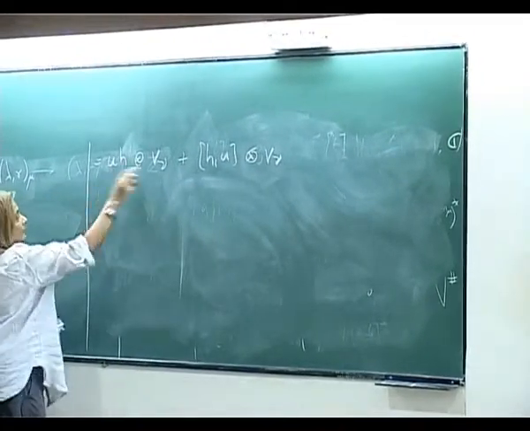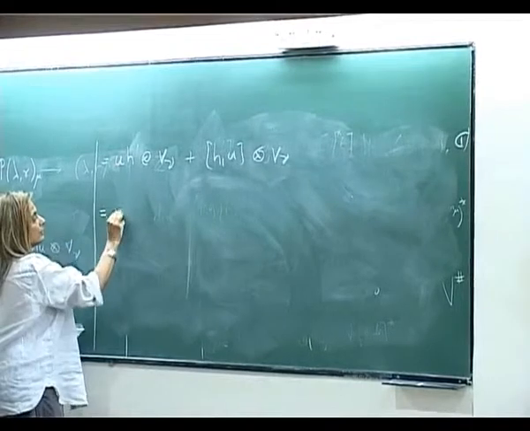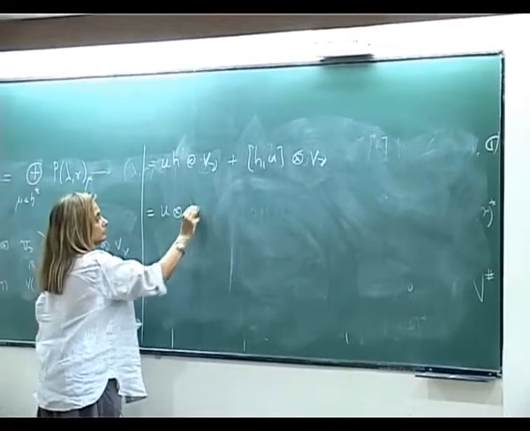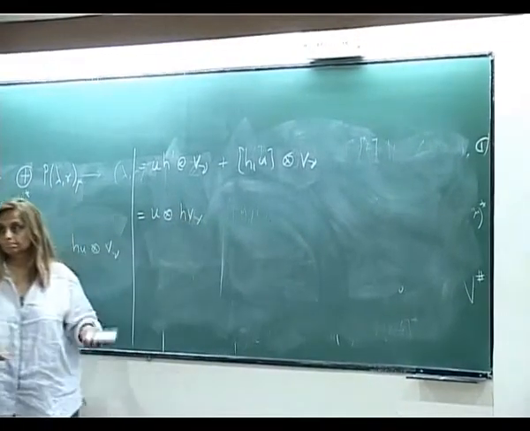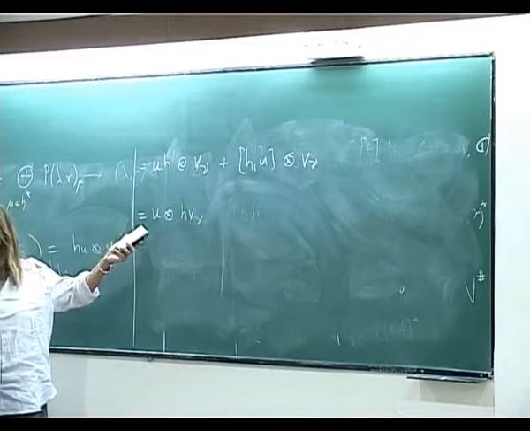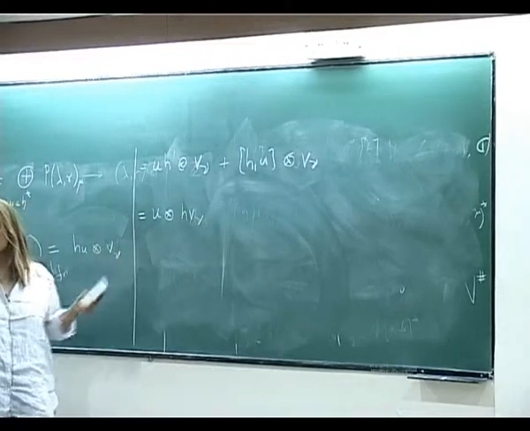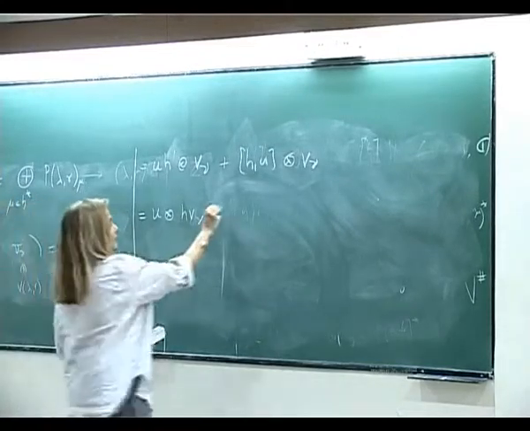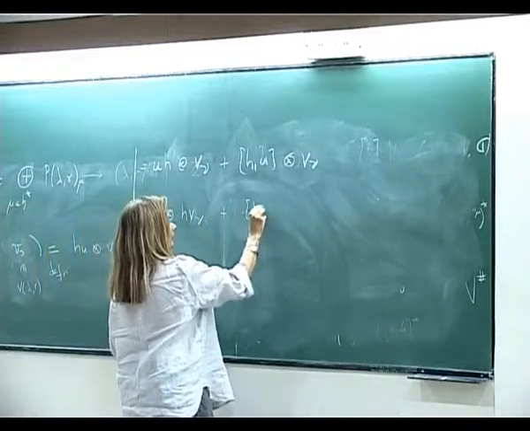All right, so what is this? This is equal to U tensor H of V nu. Do you agree with that? Because H is an element of my Lie algebra, and I can slide it through the tensor. And this is, at the moment, nothing to be done.